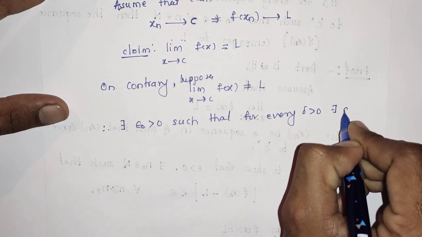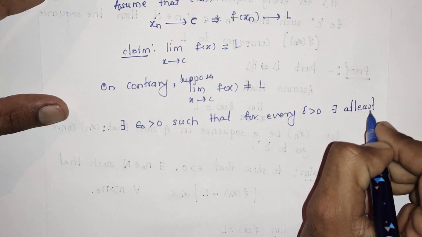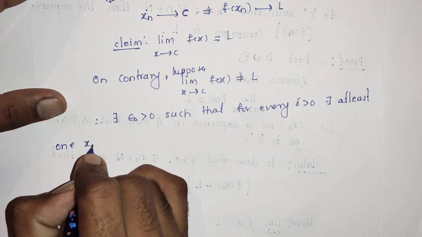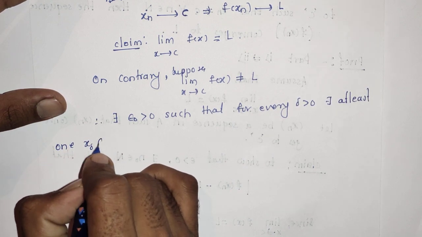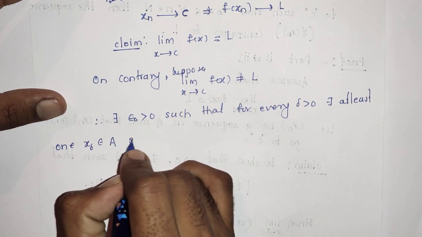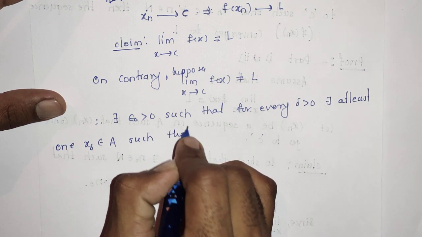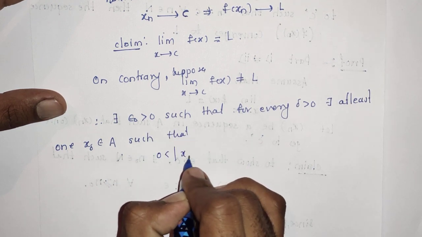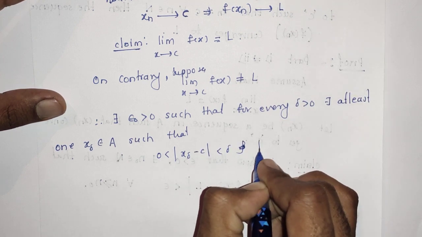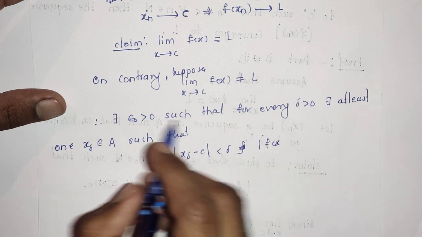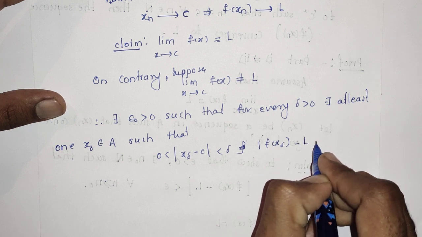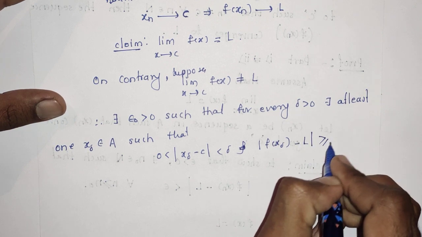there exists at least one element of A, say x delta, which belongs to A. This is an element of A, and we will just use that notation x delta, such that 0 less than mod x delta minus c less than delta, but mod of f of x delta minus L is greater than or equal to epsilon naught.